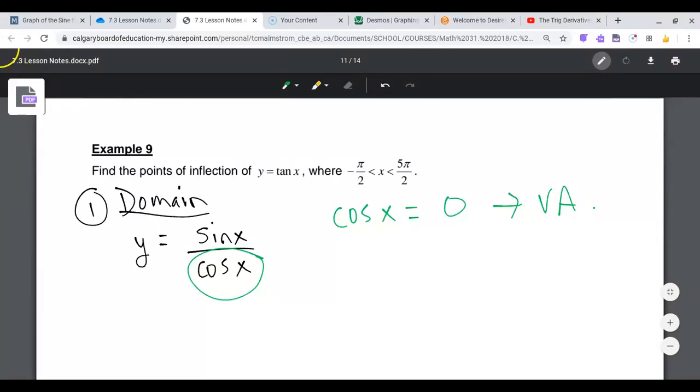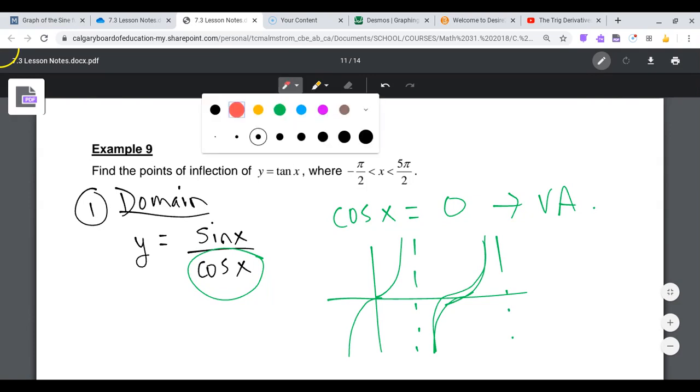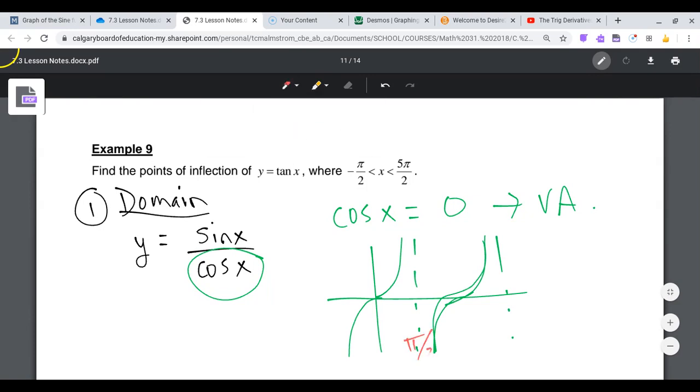If you think about your tan graph, I don't know if you remember what it looks like, but it's kind of this lightning bolt thing with asymptotes, and those asymptotes are happening where cos x is equal to 0, which is pi on 2 and 3 pi on 2.